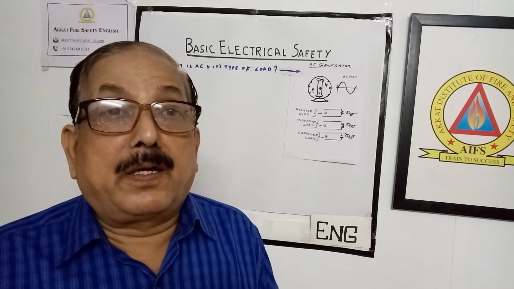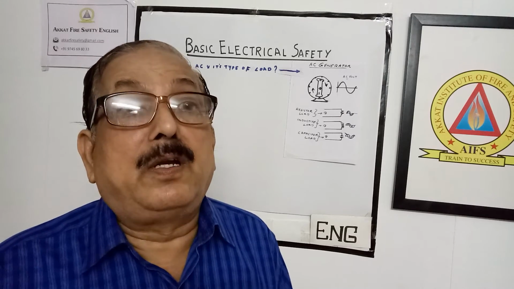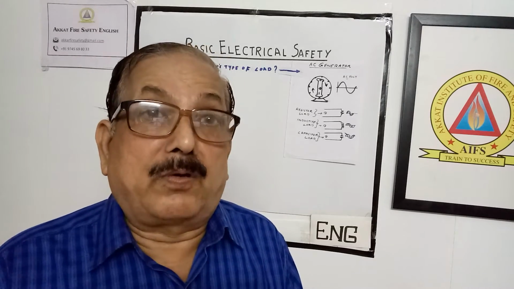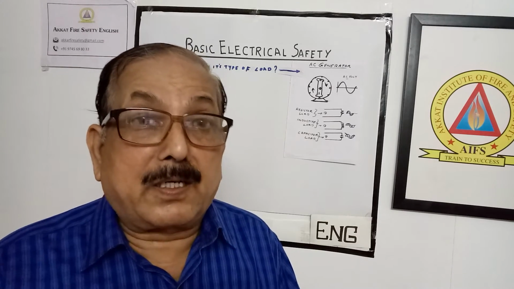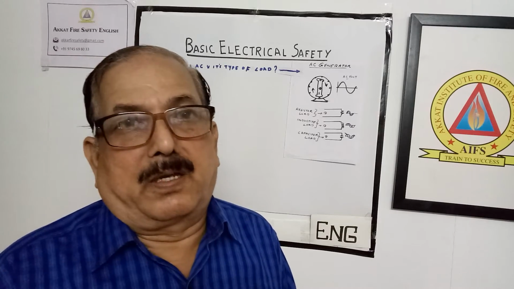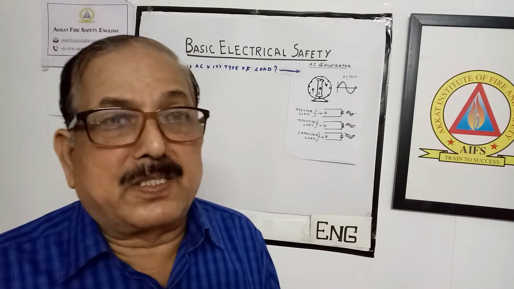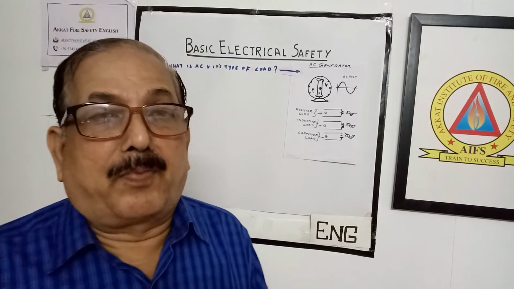But if the power factor is 0.8, then only 800 kilowatt we are getting, but we have to produce 1000 kVA. So that difference is there. For that purpose, we must do power factor improvement.